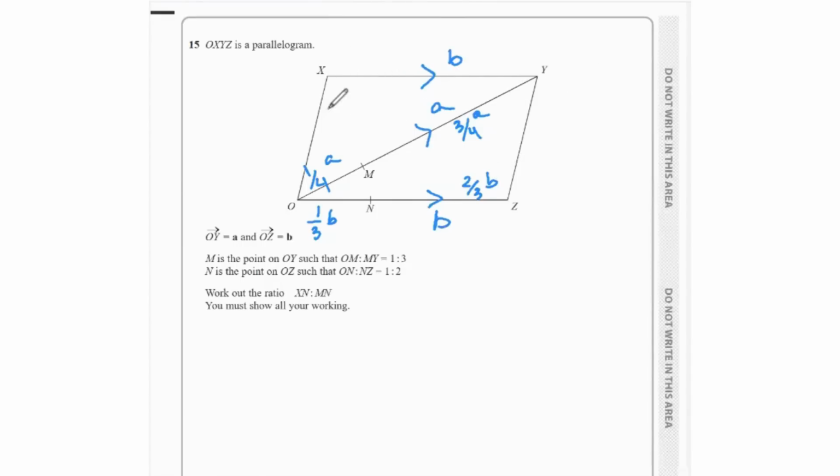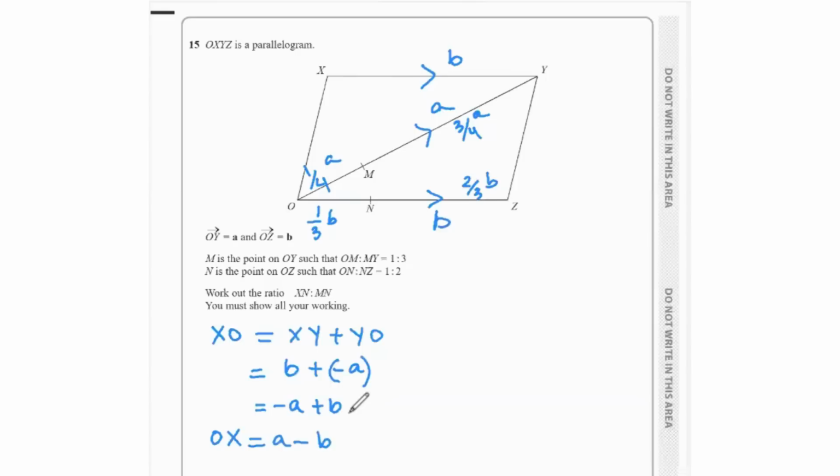And using this, we can find OX or XO. XO would be XY plus YO. XY is B. YO is negative A because when you change the direction, the sign changes. So negative A plus B is XO. So OX would be A minus B. So we got that covered.